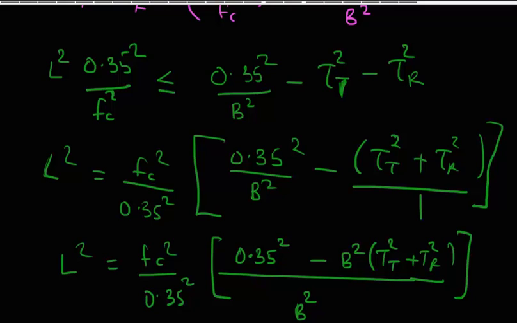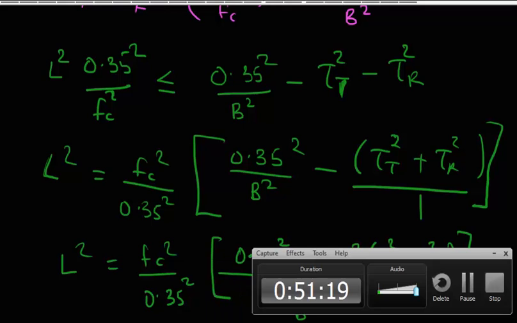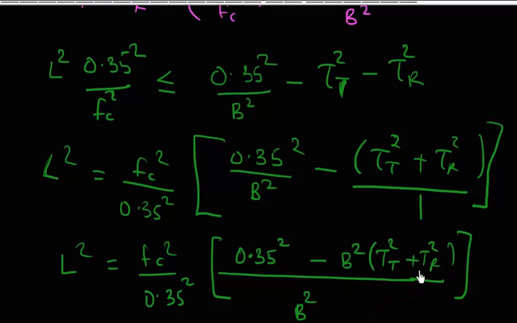Man, this is simple mathematics. Yeah, but I forgot to write this one. That's why I got stuck. Just calm down, you know that it's easy. So FC over 0.35 all times 0.35 b square minus tau square t plus 3r.